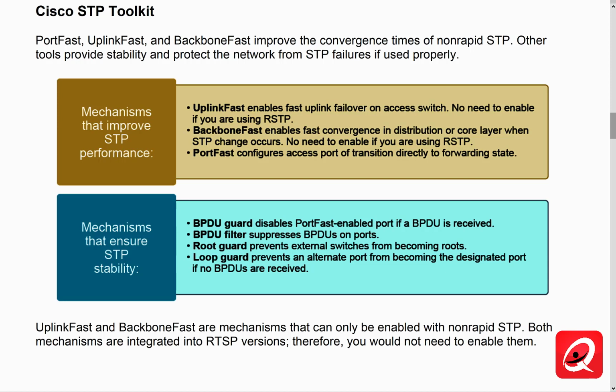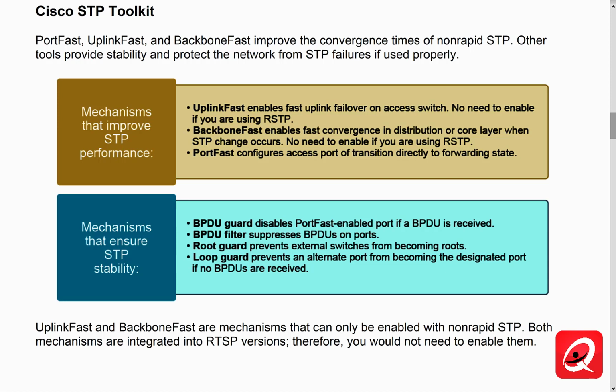All right. So generally speaking, you can enable Portfast globally by using the spanning-tree portfast default command, or you can enable it on an interface basis by using the spanning-tree portfast command. I would say default is probably okay. It does not enable Portfast on trunk interfaces if you're running the default mode.